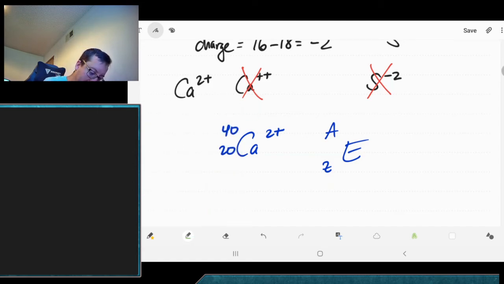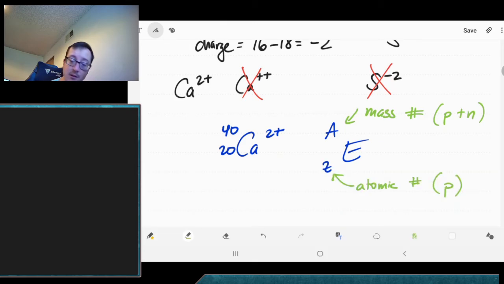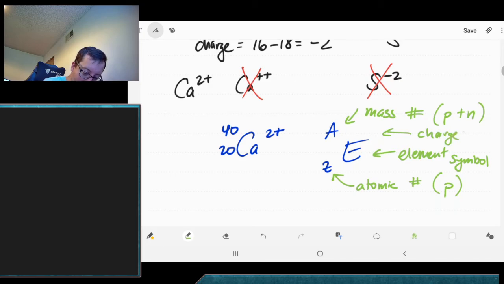So this is the mass number, that's protons plus neutrons. This is the atomic number, which is just protons. Here's your element symbol from the periodic table, your abbreviation for the element name. And then here, if necessary, you'll have a charge, which is protons minus electrons. I can fit that.